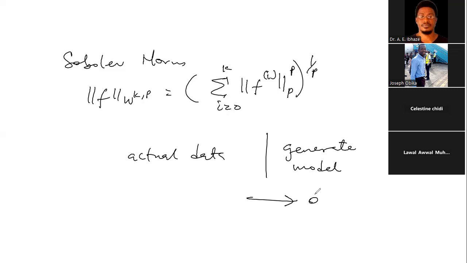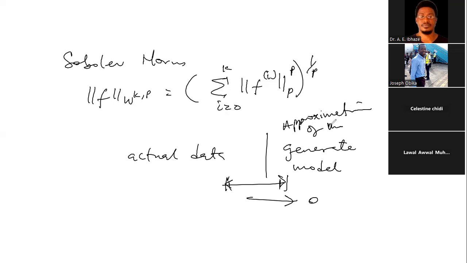Okay, so we are now saying, how do we estimate that margin? We can use norms. And we just mentioned that depending on the method you are using for approximation, that will determine the particular norm you will use to evaluate the difference or the error margin between the actual data and your generated model, which is the approximation of the function. I don't know if that makes sense.